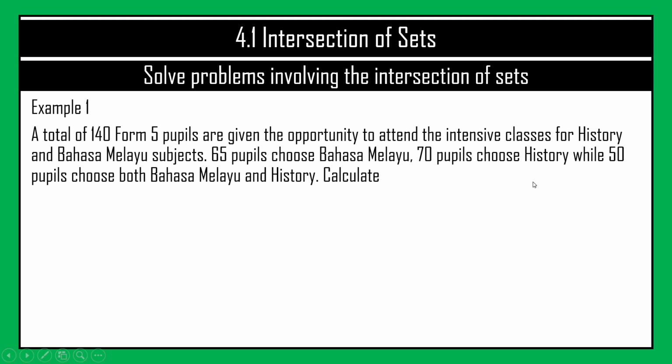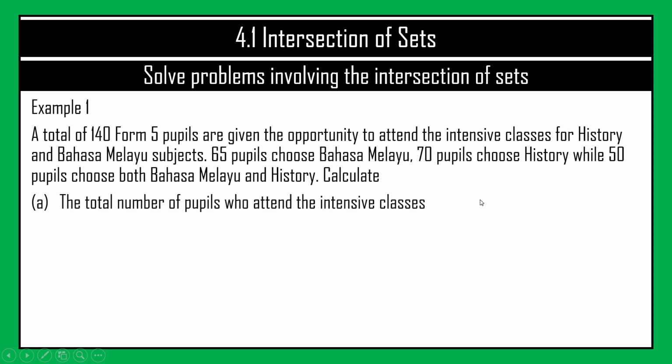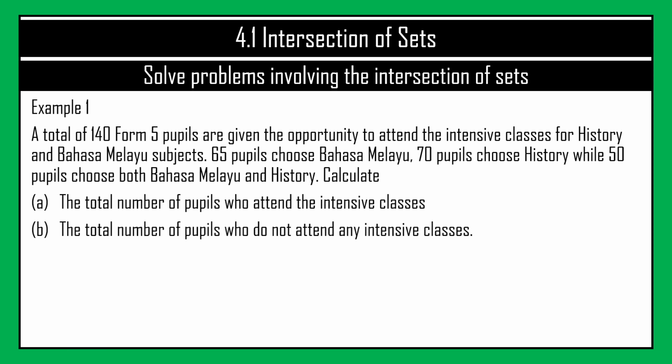The question asks us to calculate the total number of pupils who attended the intensive classes. The second part of the question is the total number of students who do not attend any intensive classes.